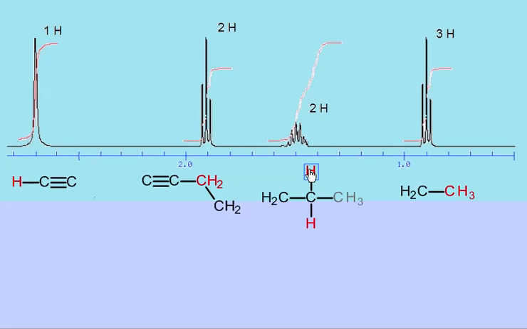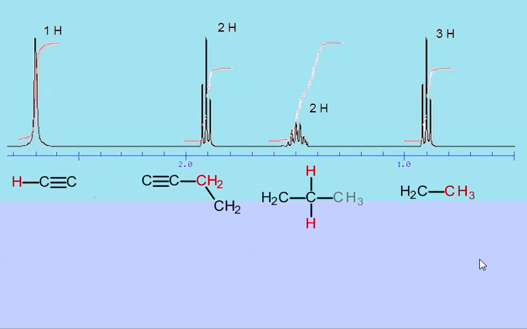But for each of those 4 peaks from the quartet, there's 2 hydrogens on the other side, 2 hydrogens here, which are trying to split each of those signals into a triplet. So this is why we get this big ugly mess of a multiplet for these 2 hydrogens.